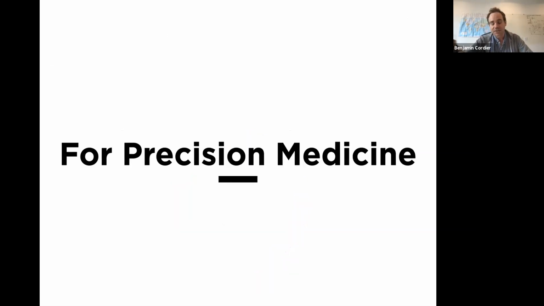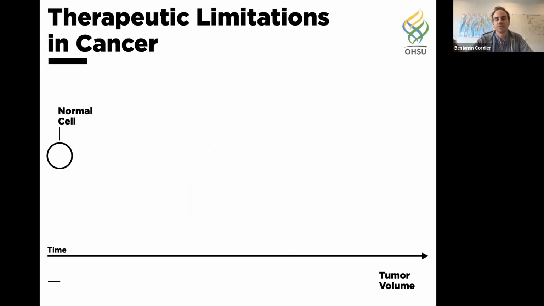So what are the applications? One application, as I mentioned earlier, is precision medicine. To give you an idea of what the current status looks like, for most cancers, when we see them in clinic, we have the standard of care, a set of combination chemotherapies, maybe radiation that's used.